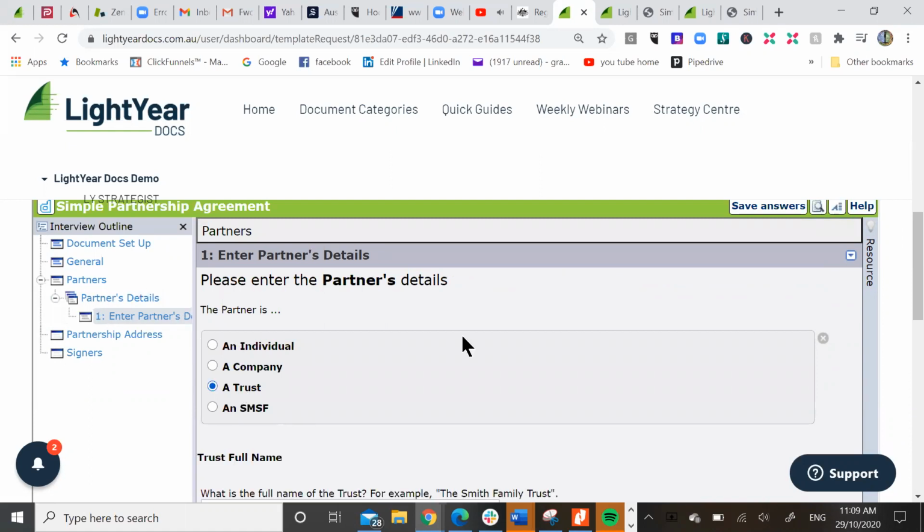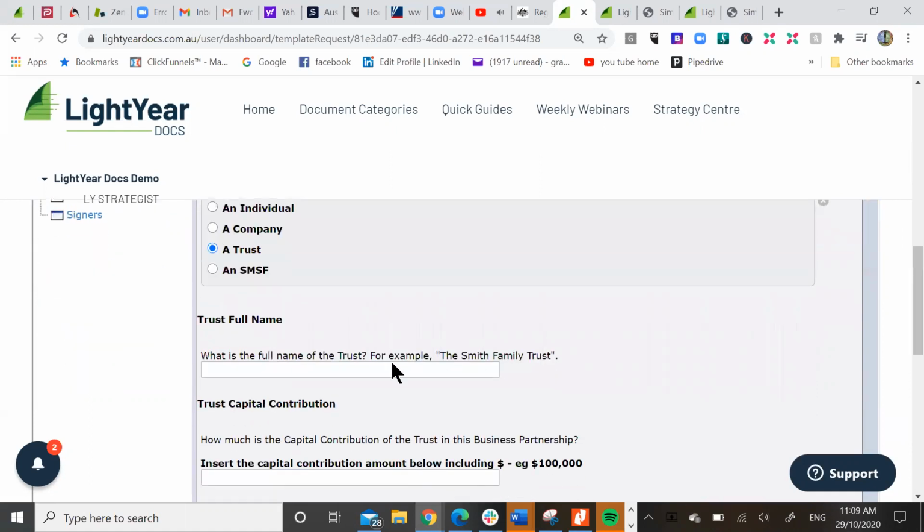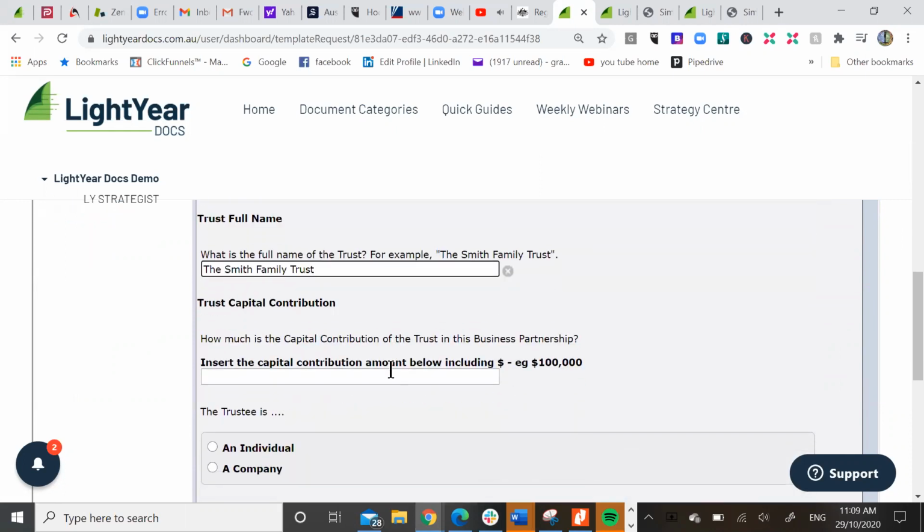Now this one, I'm going to do a trust. So I've got the Smith Family Trust. The contribution they're putting in will tell us what the percentage is of each party. So let's say we're putting in $1 million.